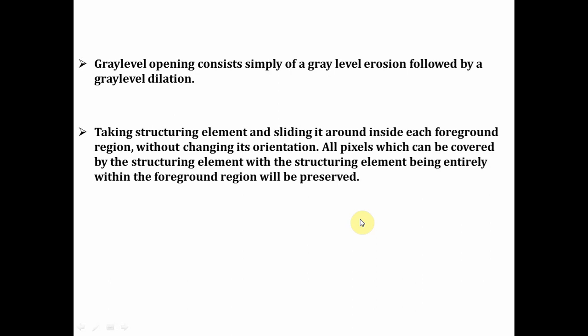We take a structuring element and slide it around inside each foreground region, so we are considering the foreground boundary. We need to fit our structuring element within the foreground image, within the ones. It should fit within all ones, and only then will you be able to retain the foreground in the image.